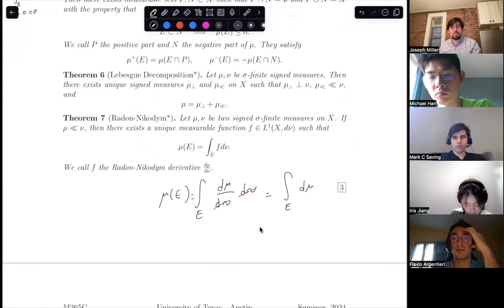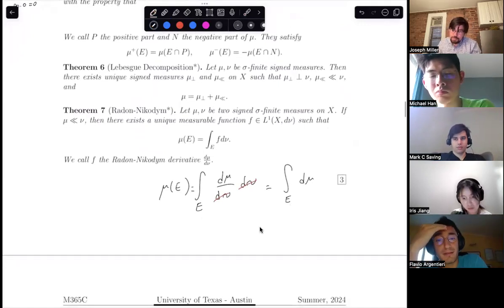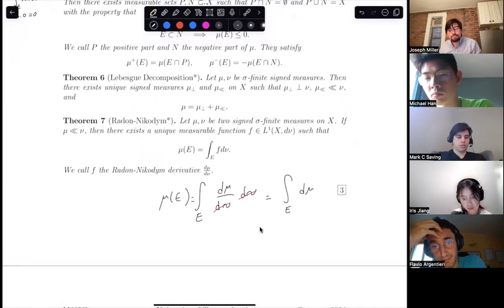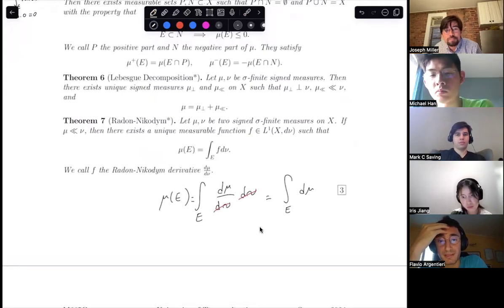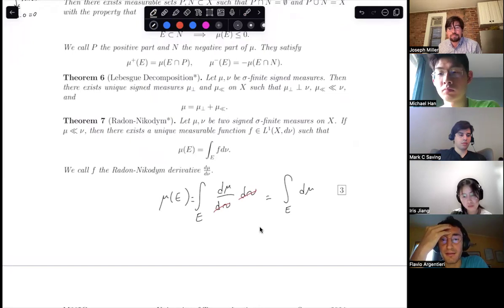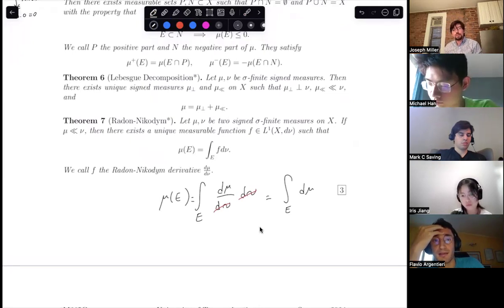Do we need integrability even if the measure mu is infinite but still sigma finite? The measure mu, I'm not sure.